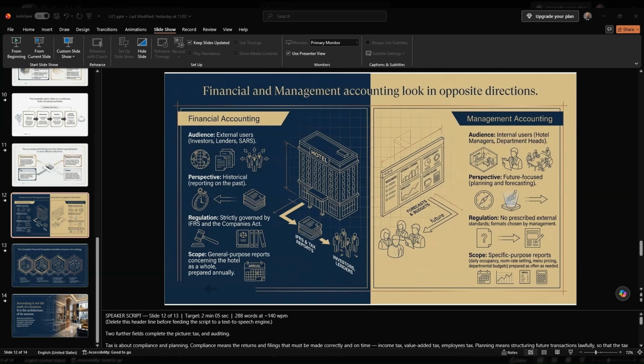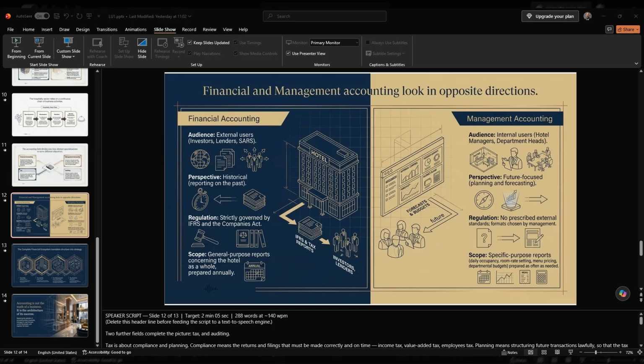The where: service, manufacturing, wholesale, and retail activity served by financial accounting, management accounting, tax, and auditing.